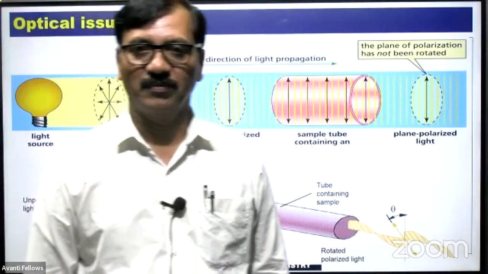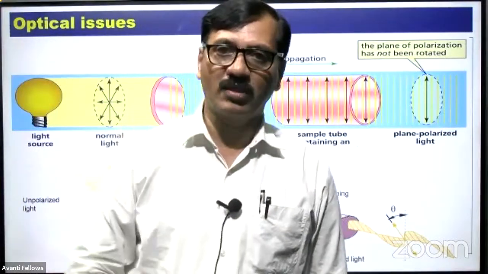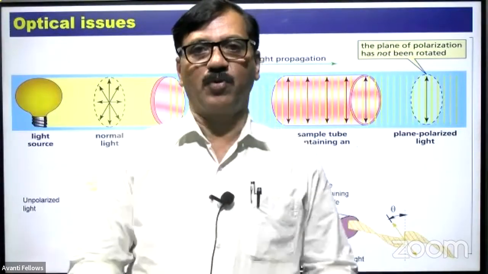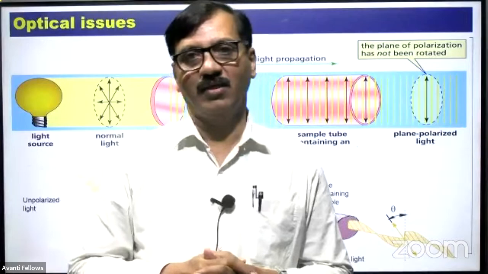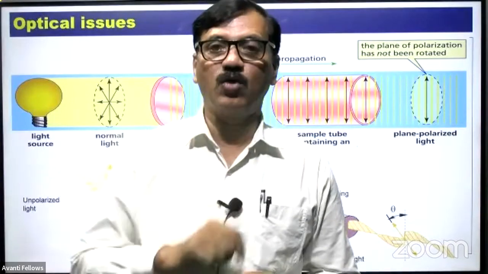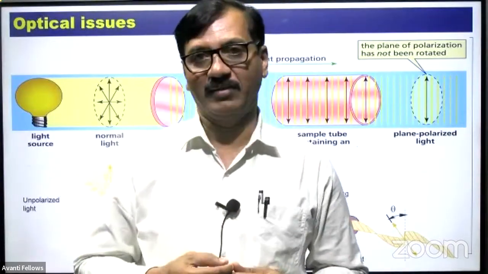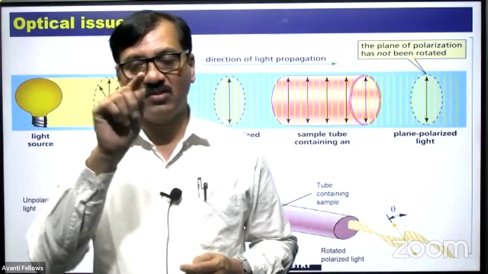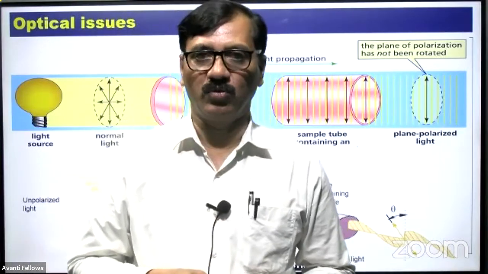It is constant. If you have studied biomolecules, you know there are dextrorotatory and levorotatory forms of glucose, denoted by plus and minus signs. The plus sign indicates a dextrorotatory compound, the minus sign a levorotatory compound.